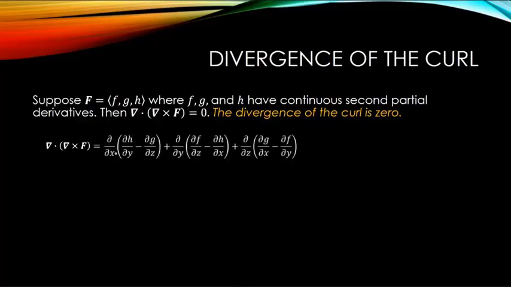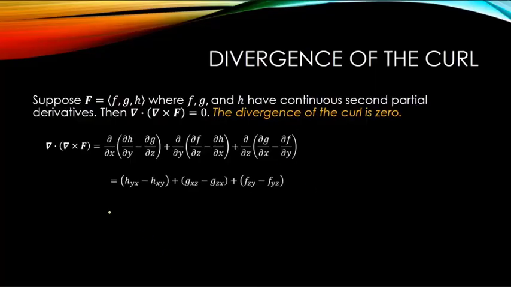This is equal to the partial with respect to x of the quantity the partial of h with respect to y minus the partial of g with respect to z, plus the partial with respect to y of the quantity the partial of f with respect to z minus the partial of h with respect to x, plus the partial with respect to z of the quantity the partial of g with respect to x minus the partial of f with respect to y.